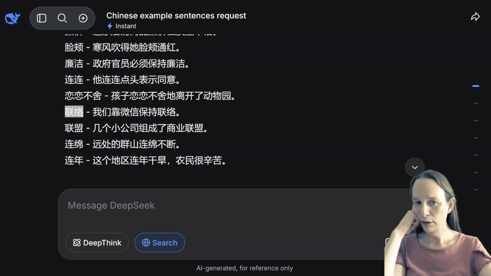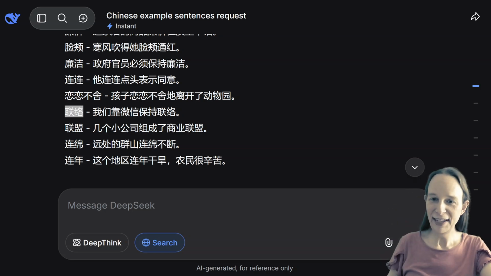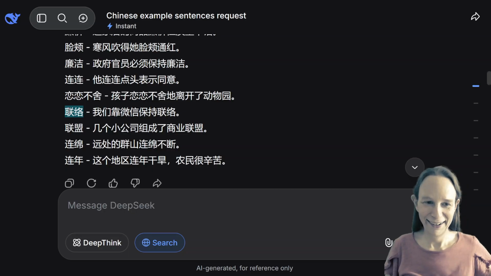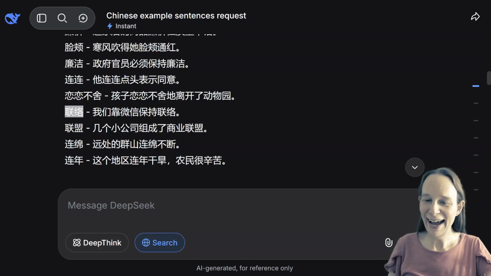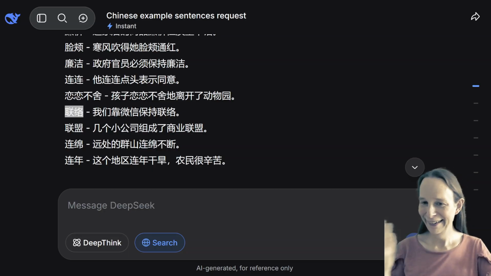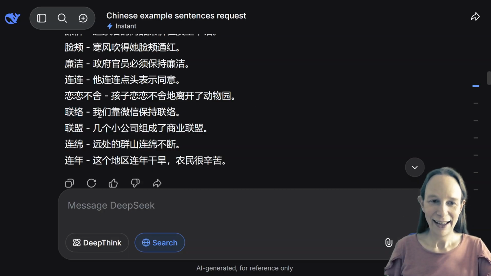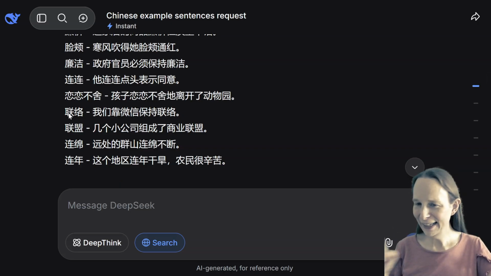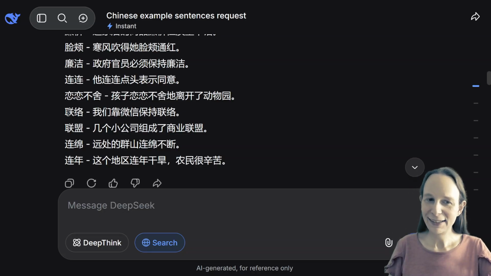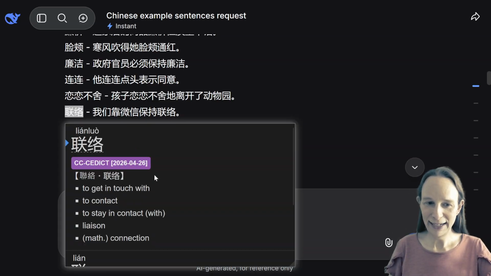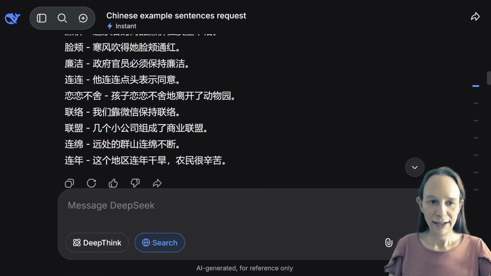Yeah, 联络 is just a fancy way of saying 联系. I haven't really found out a great way to differentiate them. I do know 联络 doesn't take an object, right? It's to connect. How do I get in contact with you kind of thing? 我们靠微信保持联络.